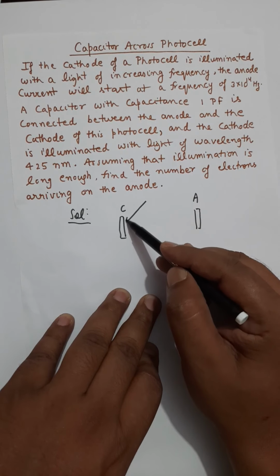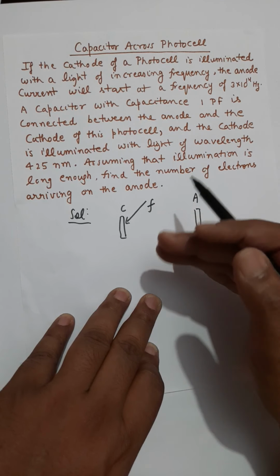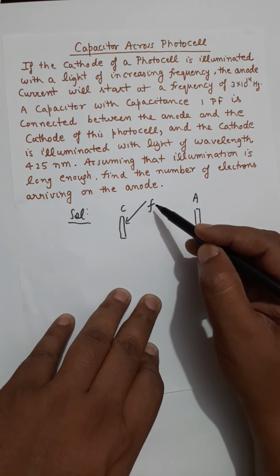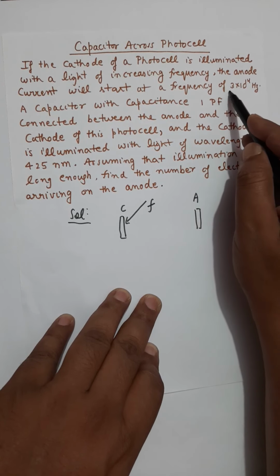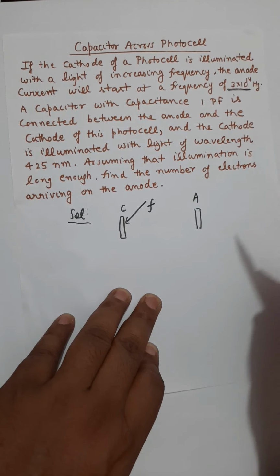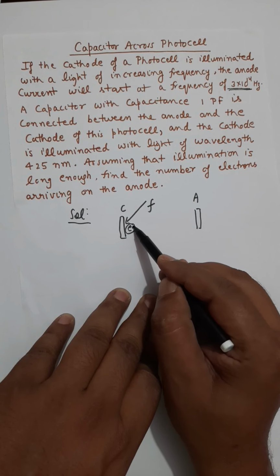and the cathode is being illuminated by a light of frequency f, and that frequency is increasing, and when the frequency becomes 3 into 10 to the power 14, the cathode starts emitting electrons.